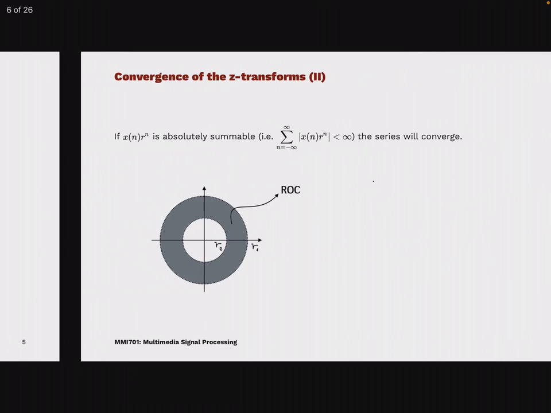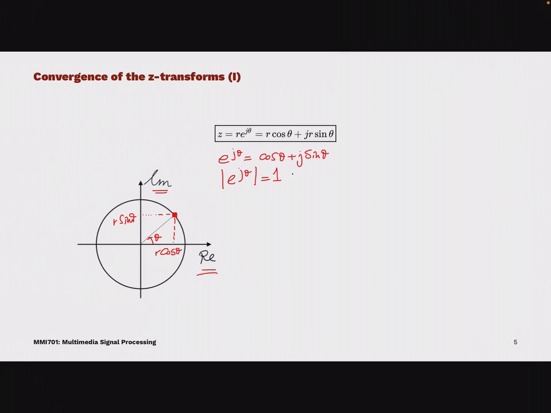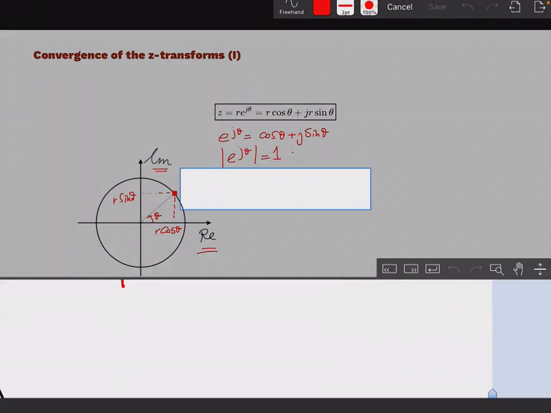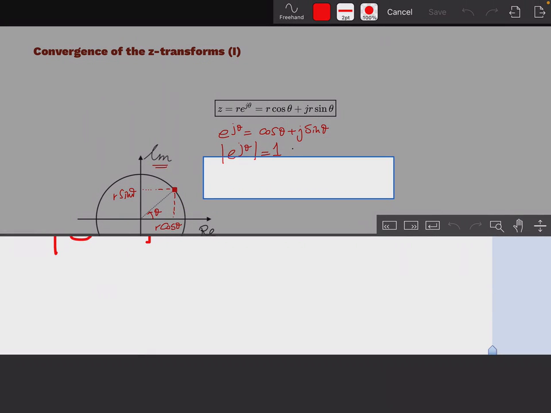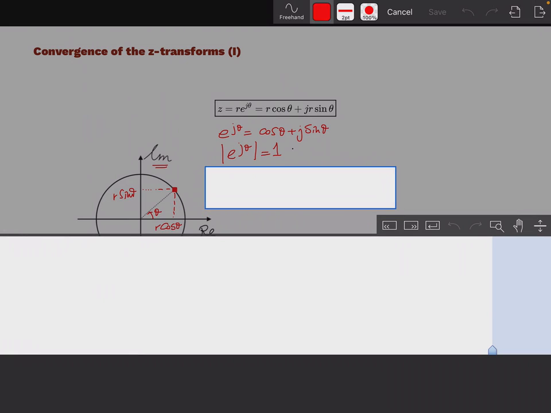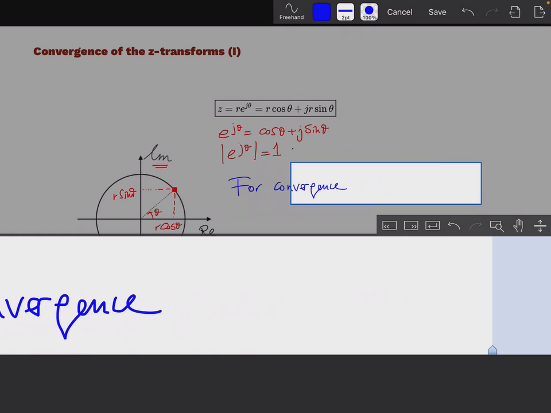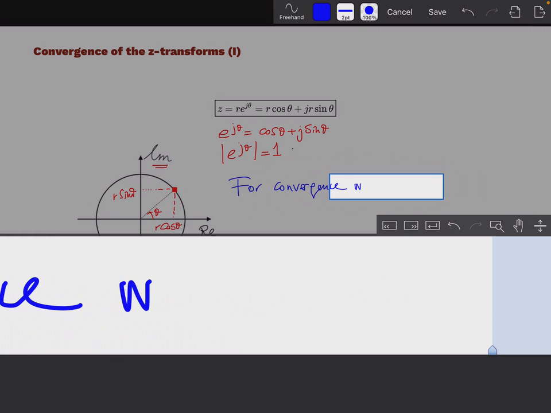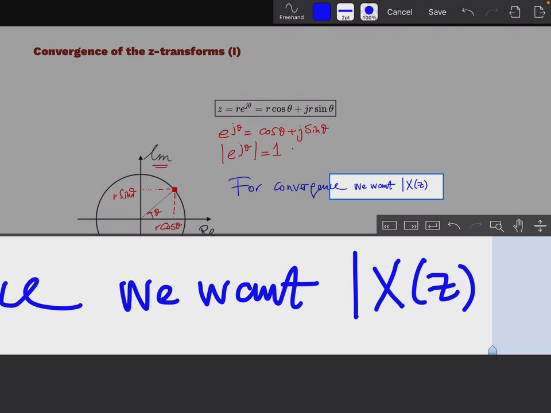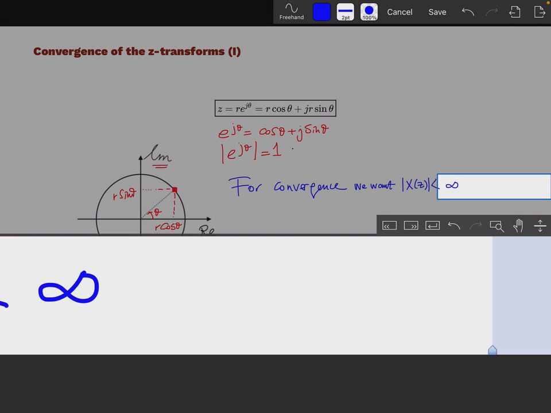So for convergence, we want the absolute value of x of z to be bounded, to be less than infinity. So we don't want it to diverge. And let's write it down then.